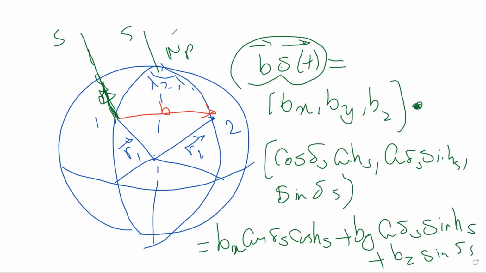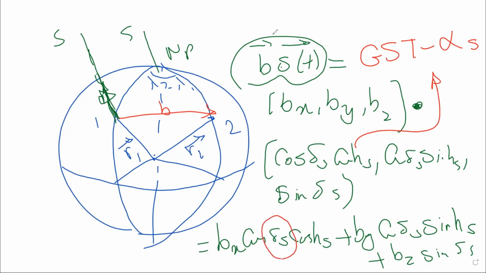So H here is called in astronomy the hour angle, which is Greenwich sidereal time minus the right ascension of the celestial object, which is S. And delta is the declination, which is this angle, similar to latitude, but in this hour angle system. And the right ascension is measured from gamma, which is the vernal equinox, and then it gives the position.